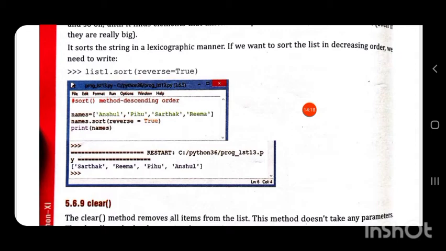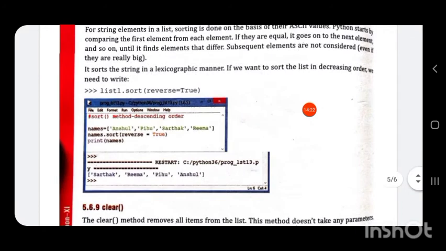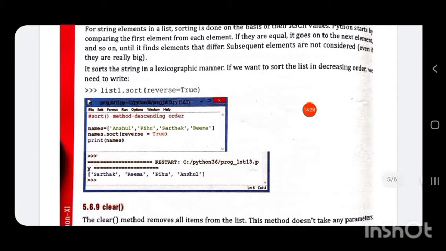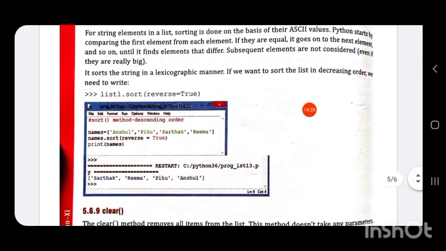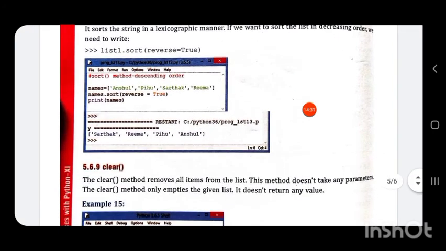Then print names. You can see it is sorted in descending order: S comes first, then R, then P, then A. A comes last. So to sort in descending order, we have to give an argument in the sort function, that is reverse equal to true.